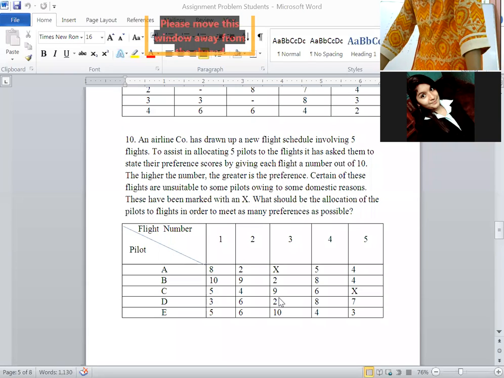I want to clear my doubts. Shall I ask the doubt? Yes ma'am, I am just asking to repeat the question. If the problem consists of multiple optimum solutions, how to identify the assignments?